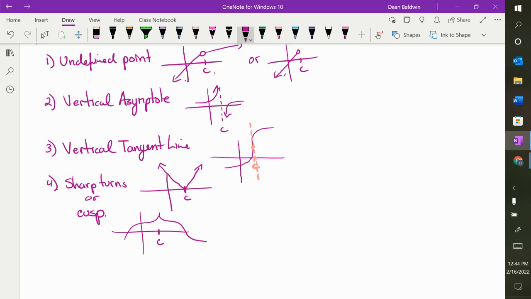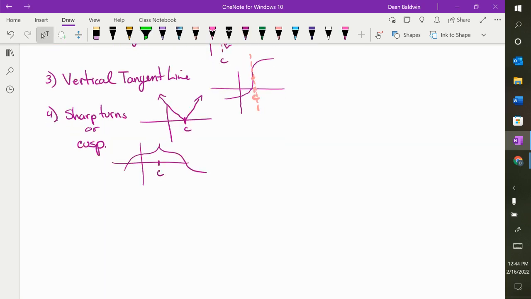Cusps occur usually when you have fractional exponents, so something like x to the 2/3. And again, once we know a little bit more about derivatives, you'll see why the derivative of this function does not exist at that point c, or in this case, 0.